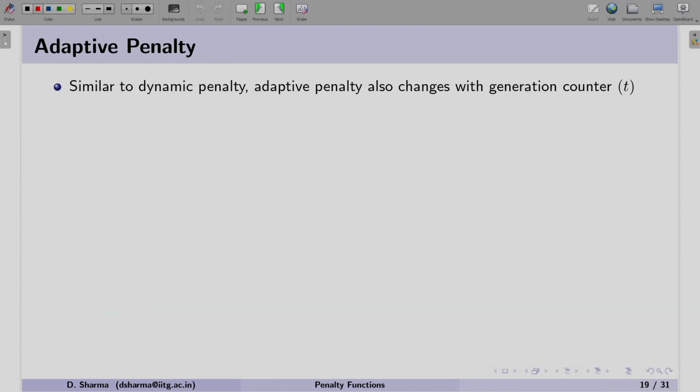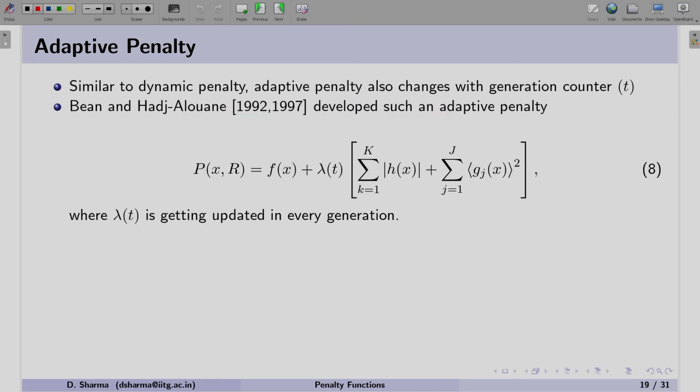With this explanation, let us move to the adaptive penalty. Now, this adaptive penalty also uses the generation counter. As we can see, similar to the dynamic penalty, adaptive penalty also changes with the generation counter T. These authors came up with the representation of adaptive penalty. Here we have the objective function plus lambda.